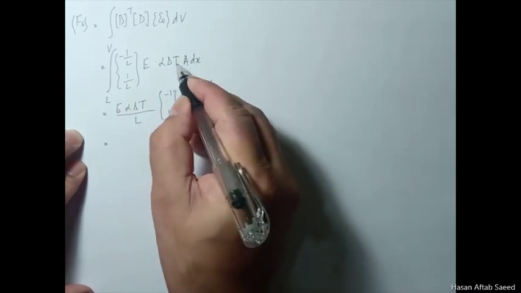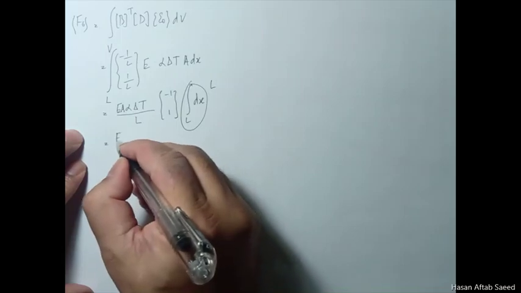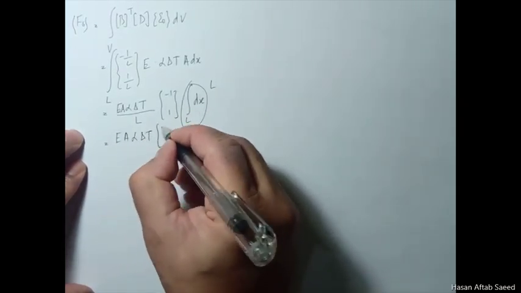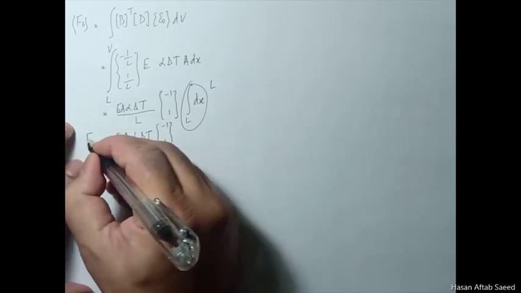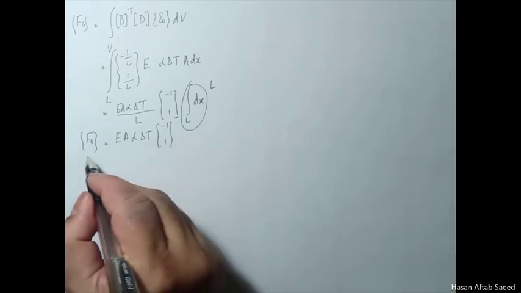There's an E, there's an A also here, so this cancels with this, and E A alpha delta T times the vector minus 1, 1 is the vector, and this is for 1D again.